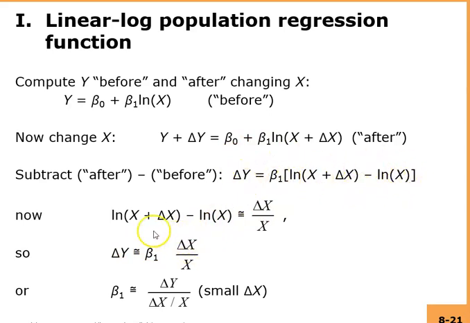But this is the beauty of logarithmic functions, that we can simplify the interpretation to this relationship. This also means that if you take everything to one side and keep beta 1 on the other side, beta 1 is equal to change in y over the percentage change in x, and this will be true for small changes in x.